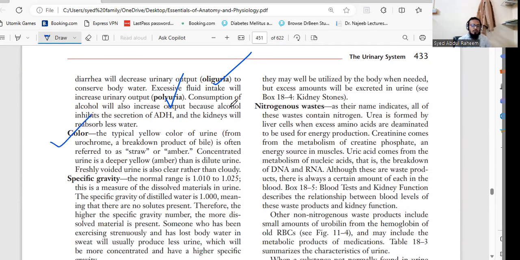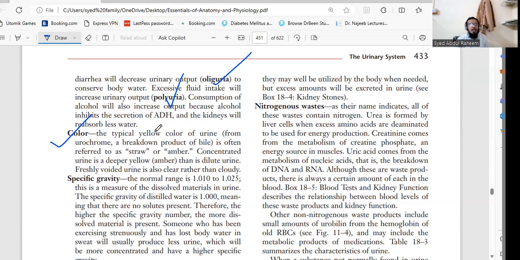And the color of urine. The typical color of urine is yellow. Mild yellowish color is recommendable, not deeper, not water color. We need a mild yellowish color. A more dark yellow is seen in a condition called concentrated urine.